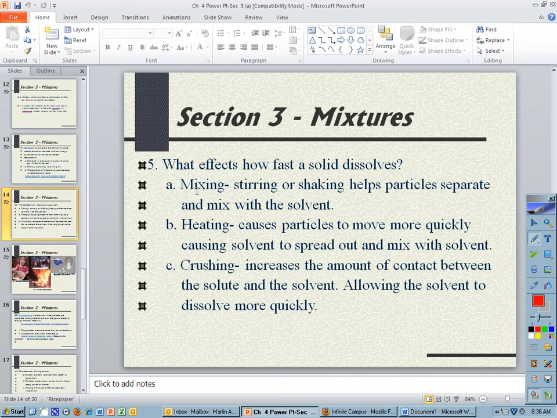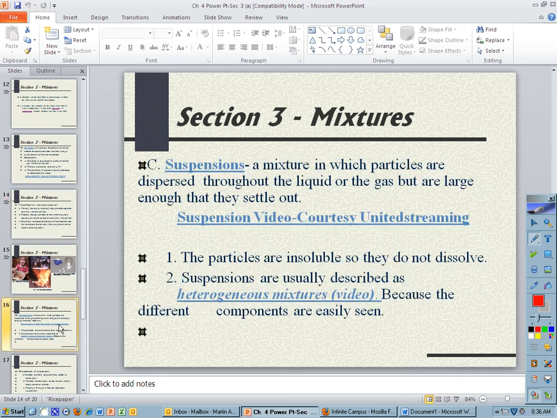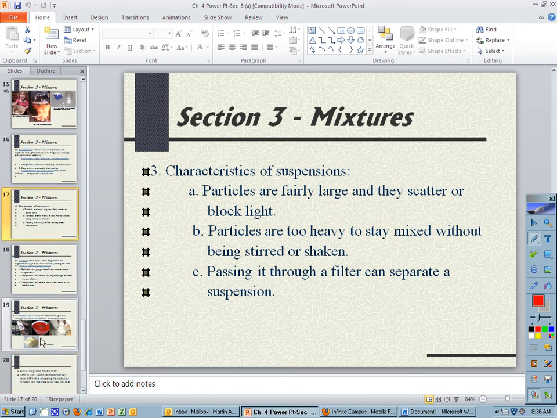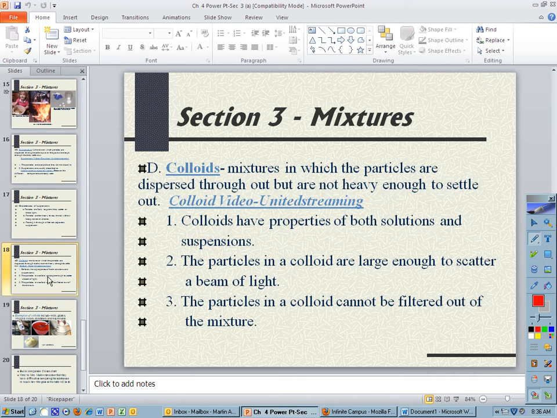So we've already talked about the fact that mixing, heating, and crushing will affect how fast most solids dissolve. We talked on that yesterday. We've already talked about suspensions and the characteristics of suspensions. Today's lesson is a little bit more on colloids. Colloids are mixtures with medium-sized particles.